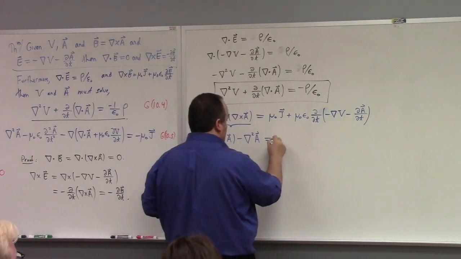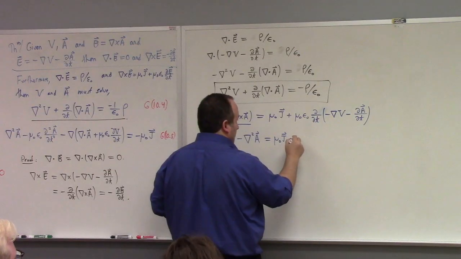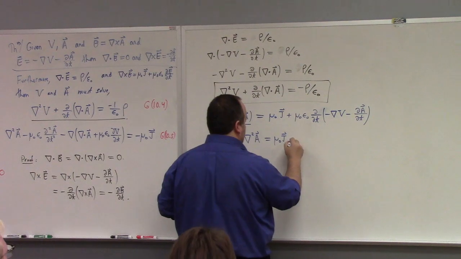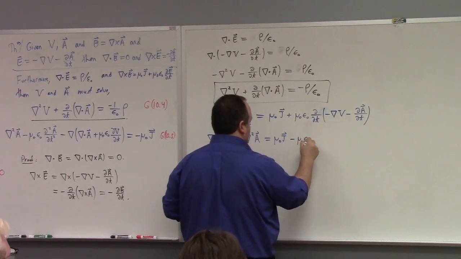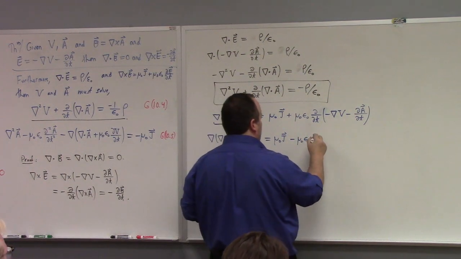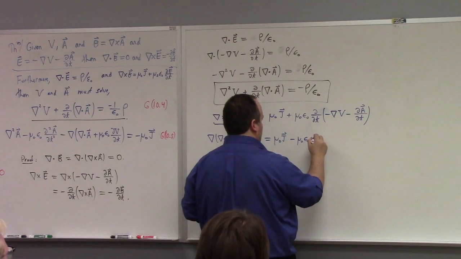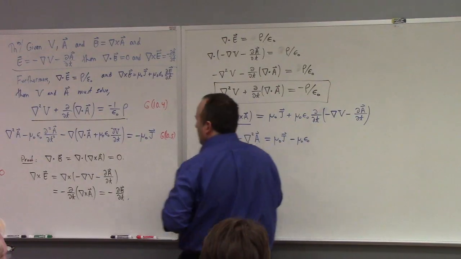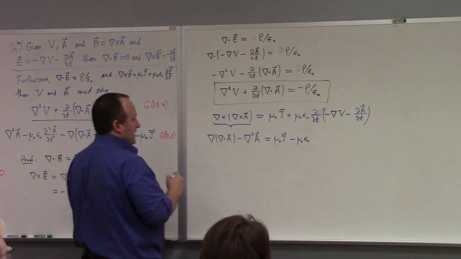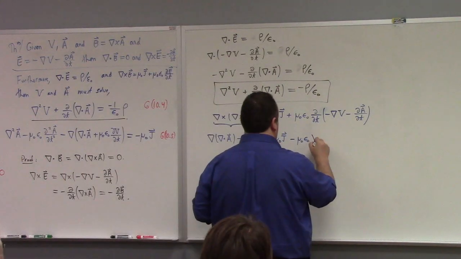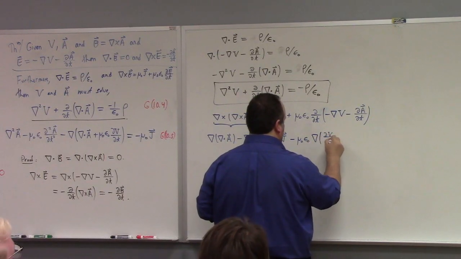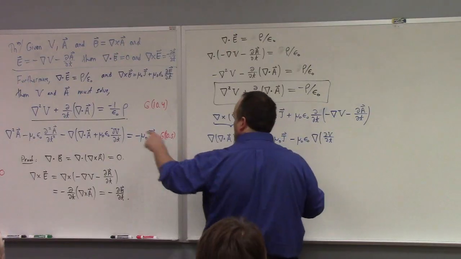And that's equal to mu naught J minus mu naught epsilon naught, the gradient, pull the gradient out, we'll pull the partial V partial t inside, trying to make it look like that.